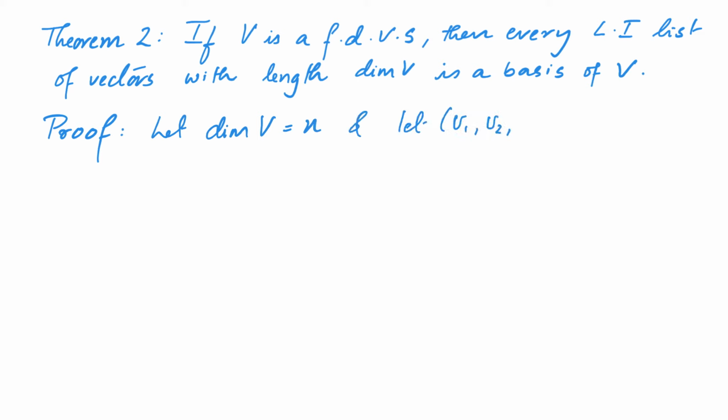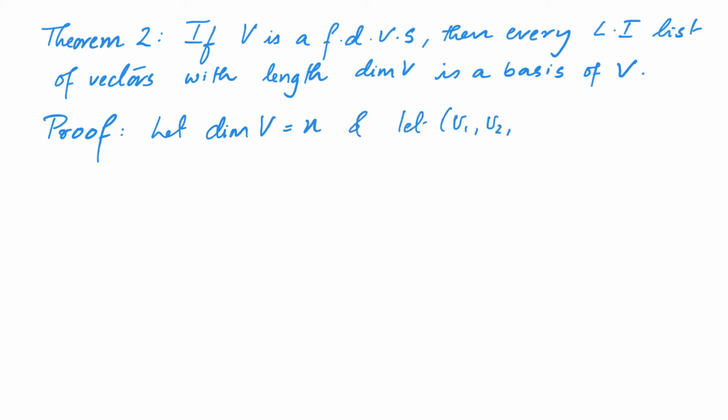Therefore, we can extend v1, v2, etc. up to vn to a basis. But any basis of V has length n. Why? Because we saw that any two bases will have the same length, and this length is the dimension, and n was equal to the dimension of V. Therefore, any basis of V should have length n.